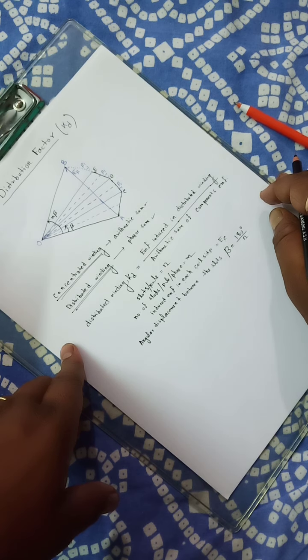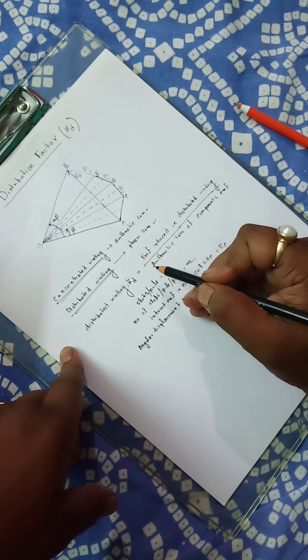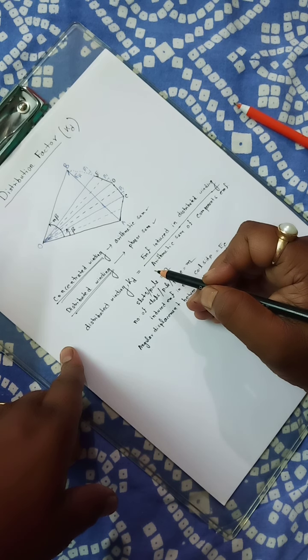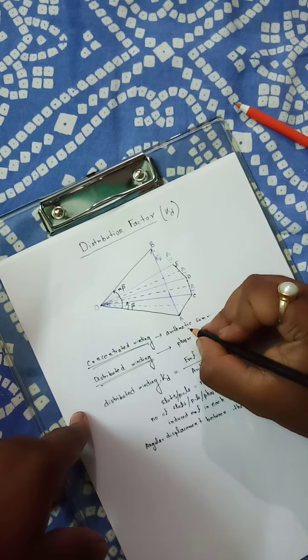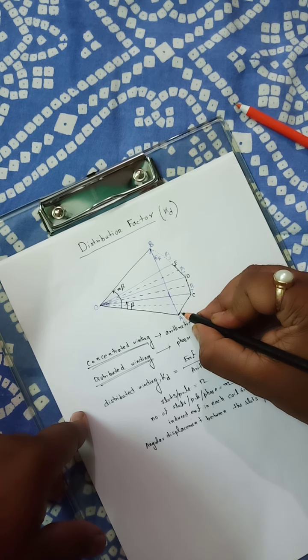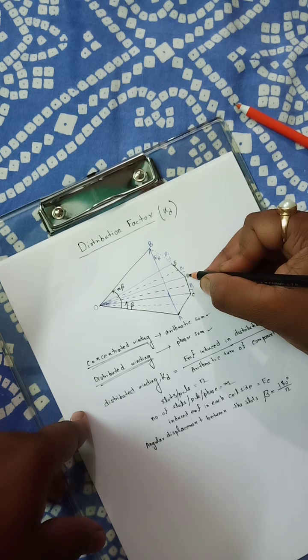The EMFs induced in different coils of one phase under one pole are represented by sides AC, CD, DE, which are of equal magnitude but differ in phase by an angle beta from each other. Again, coming to this particular diagram, AC is an EMF, CD is an EMF, DE is an EMF.